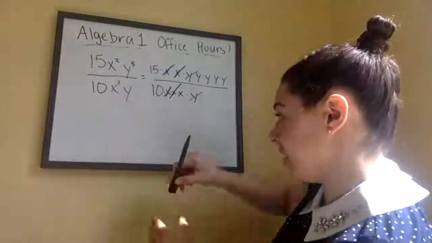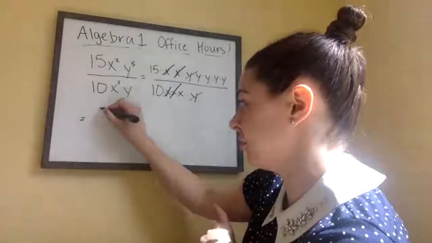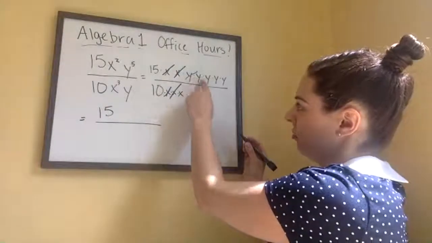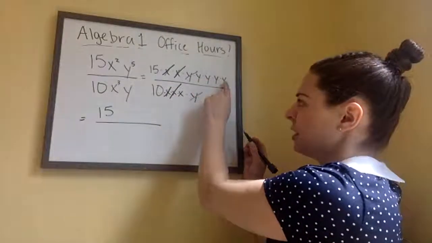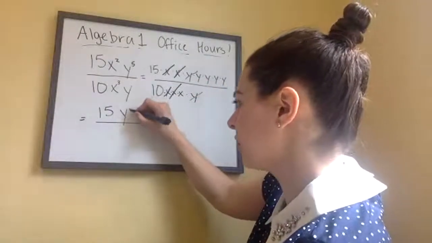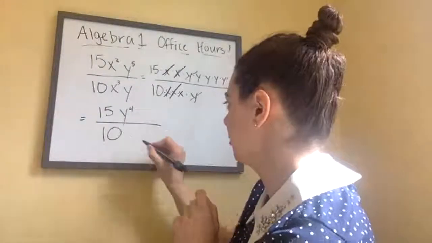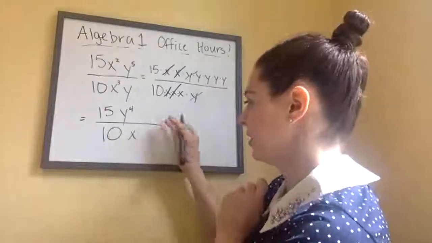I'll write what we have so far. We've reduced it to 15 y to the 4th over 10x. That's all that's left.